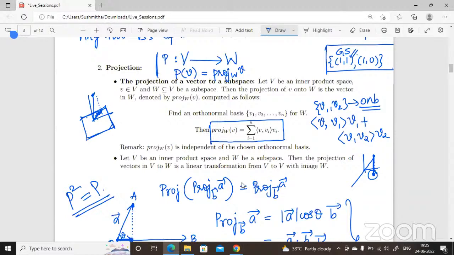We will always push it to a lower dimension. So one dimension to three dimensions is not possible. No, that's not projection. You're expanding it or doing something else. And projecting to the same dimension is also not possible?